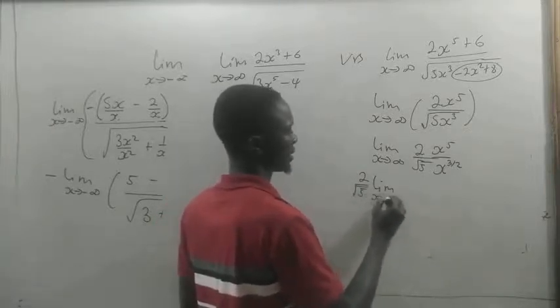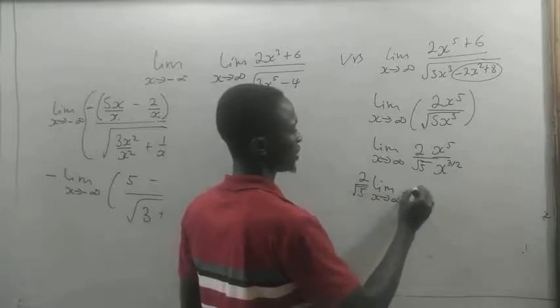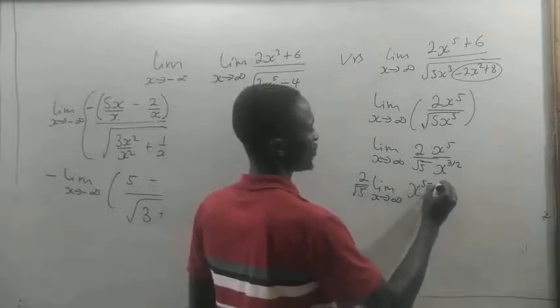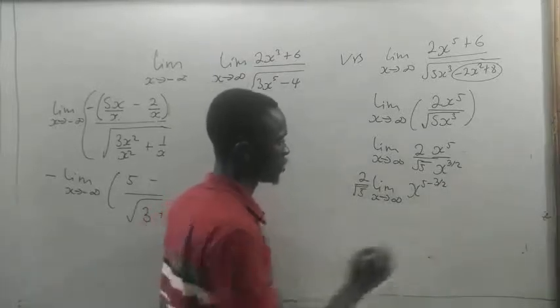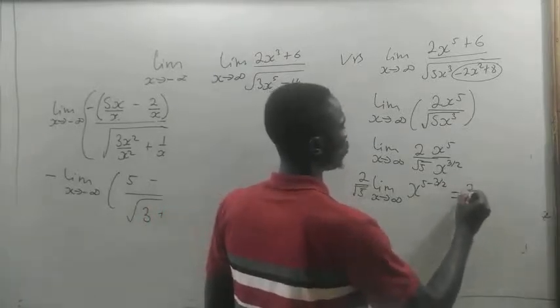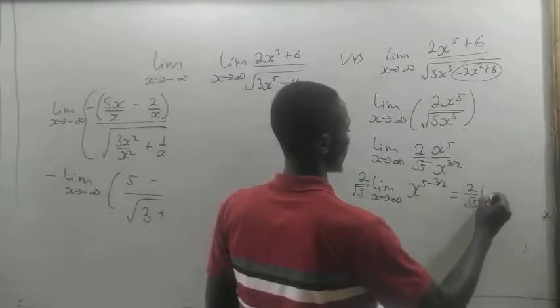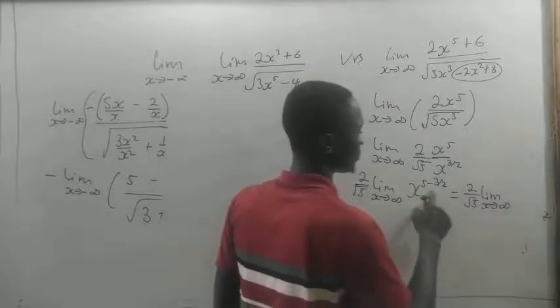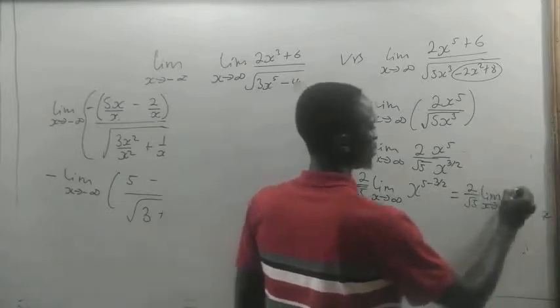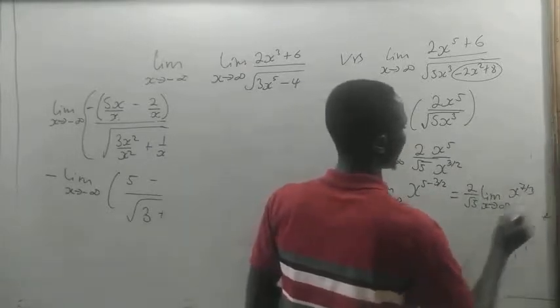So we have 2 out of root 5 times the limit as x approaches infinity, x to the power 5 minus 3 on 2. And if you subtract this, what do we get? We have 2 on root 5 times the limit as x approaches infinity, this will be x to the power 7 on 3.